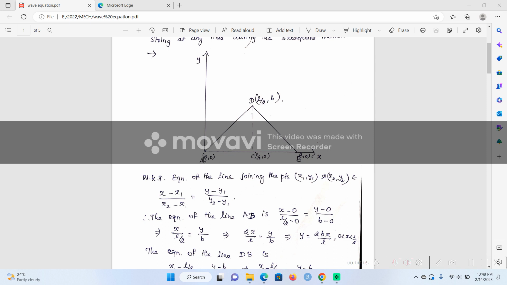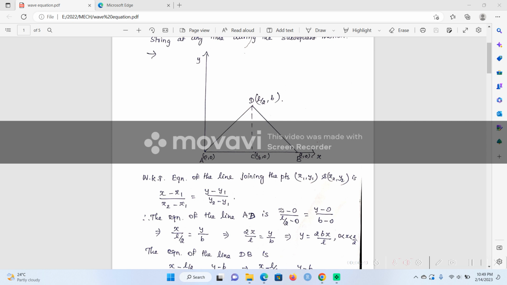So we know the equation of a straight line joining 2 points. Suppose the 2 points are considered as x1, y1 and x2, y2. Then the equation of the straight line will be (x minus x1) by (x2 minus x1) equal to (y minus y1) by (y2 minus y1). So we know this is our equation. Now I am going to find the equation of the straight line AD, which joins the 2 points 0, 0 and L by 2 comma b.